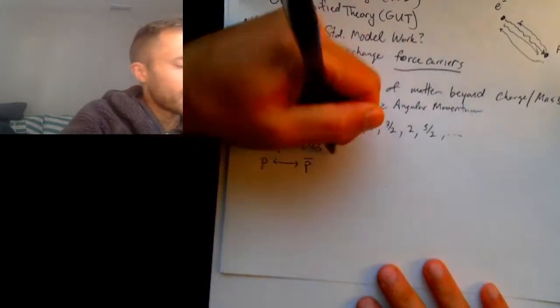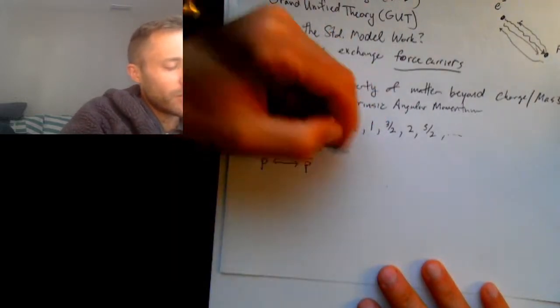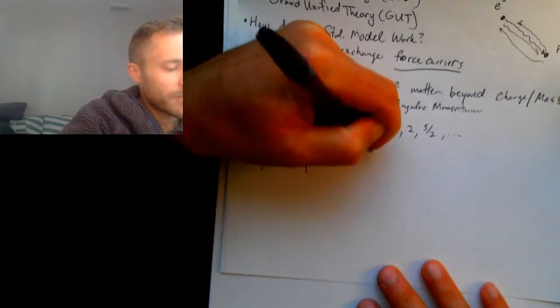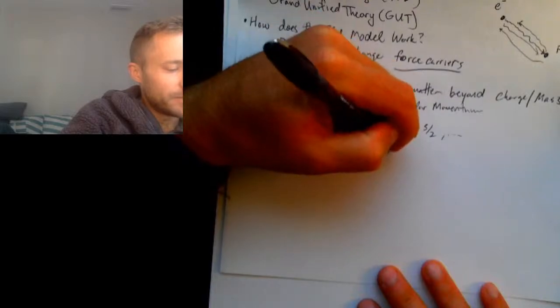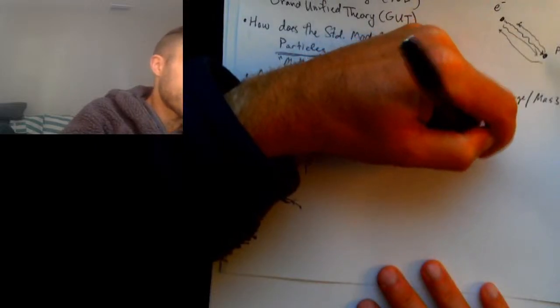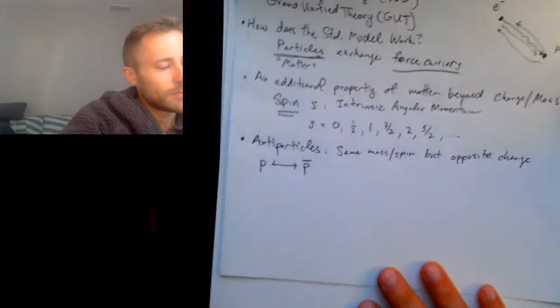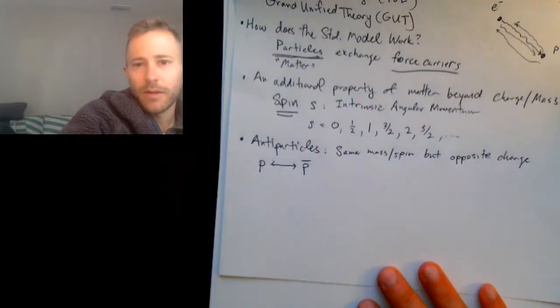And so antiparticles have the same mass and spin, but opposite electric charge. All right.